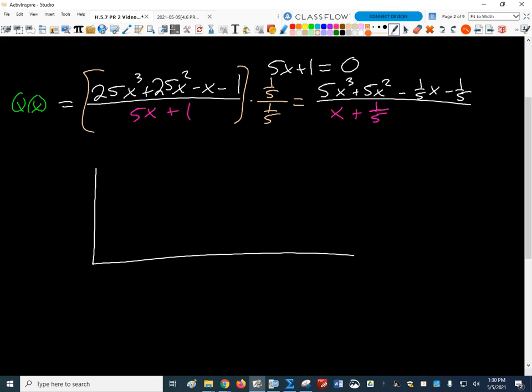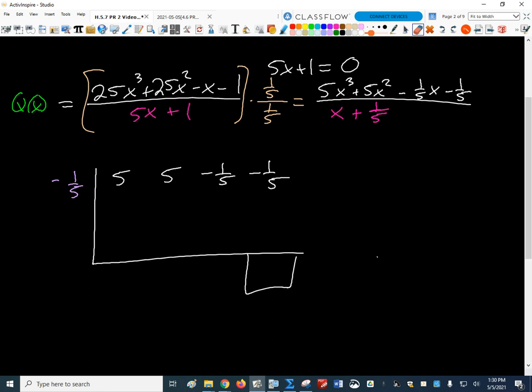So we get negative 1/5 is my 0, and here are my coefficients. 5, 5, negative 1/5, negative 1/5, and there's my remainder box.